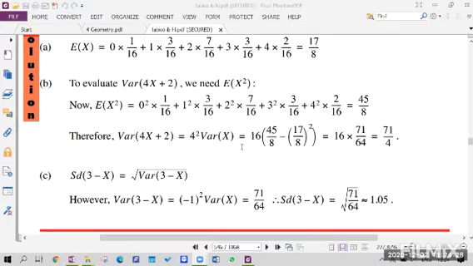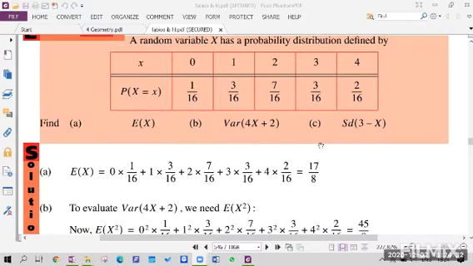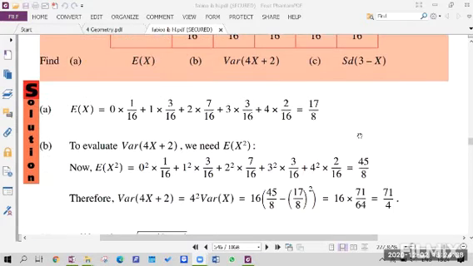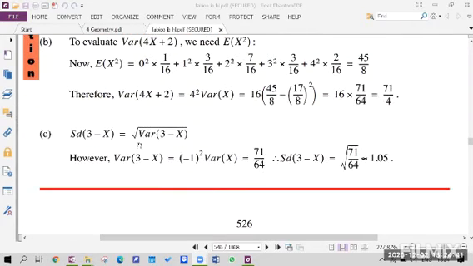In a similar way, when you are asked to find out standard deviation of 3 minus x, standard deviation of 3 would be 0. So standard deviation of 3 minus x would mean root of variance of 3 minus x. Variance of 3 is 0.